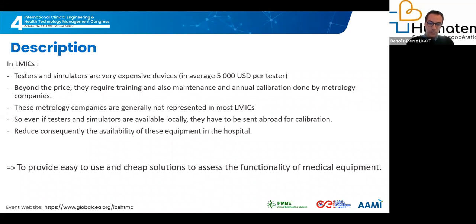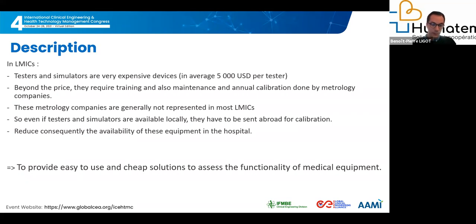Beyond the price, these devices require annual calibration by a specialized metrology company. These metrology companies are usually not represented in most low and middle income countries. So due to this, even if the testers and simulators are available locally, from donation for example, these devices have to be sent abroad for calibration, which consequently reduces the availability of this equipment in these hospitals.